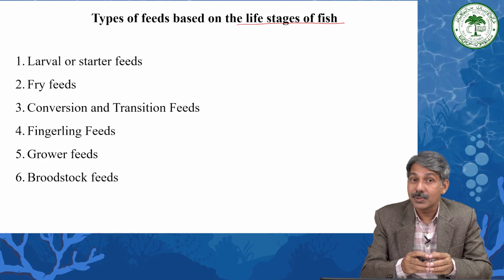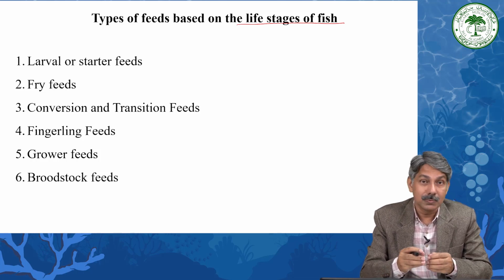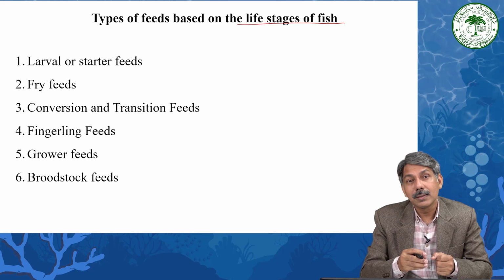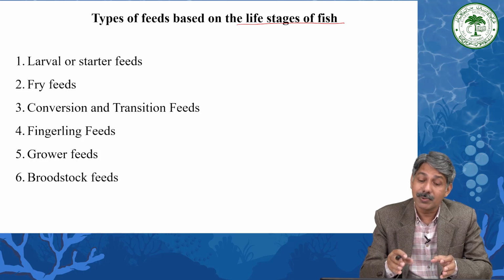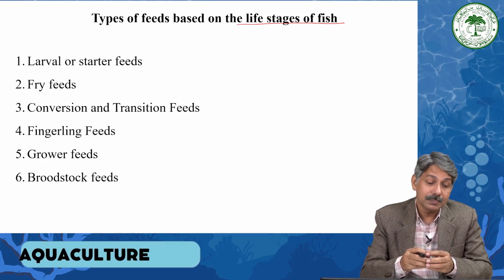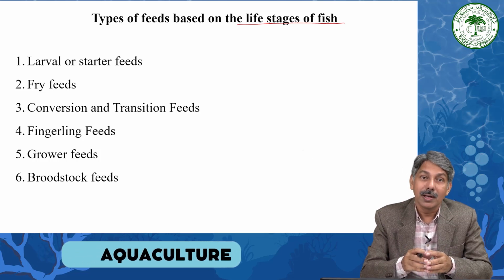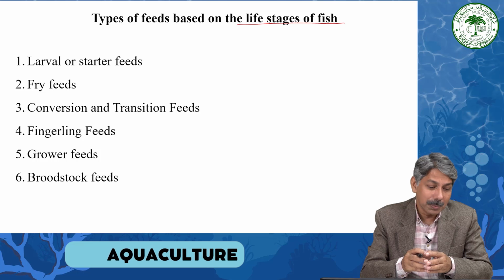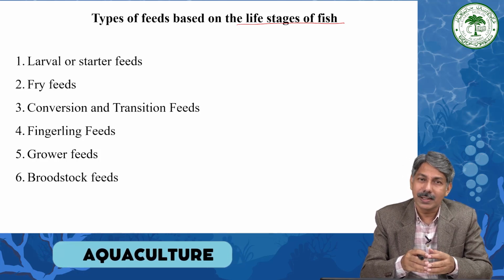Or there are some farmers who become a little innovative. They mix 1, 2 or 3 or sometimes more ingredients, and then prepare a dough and make balls. Now they put these dough balls at different places in the pond, and the size of the ball will be big enough that it can be nibbled upon by small fishes, and maybe if some very large fish is there it can consume it, but usually that ball is quite big.